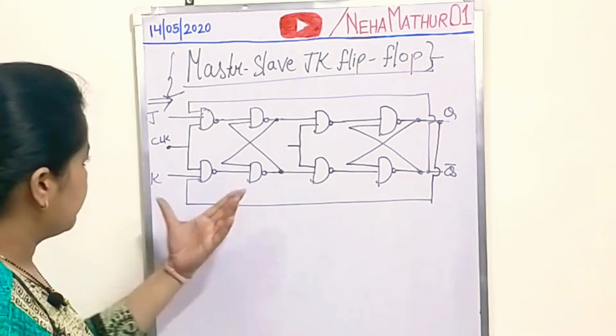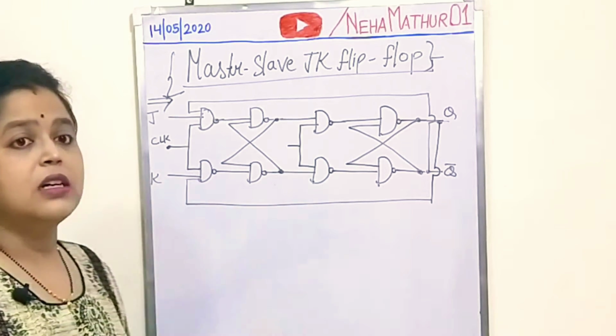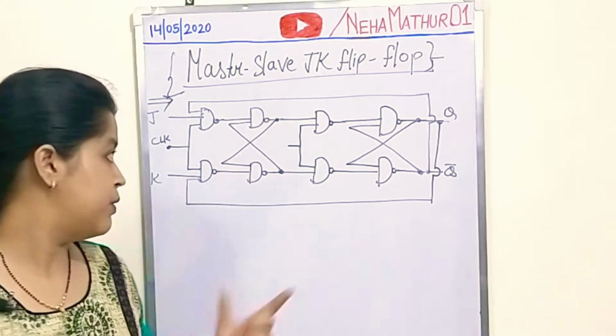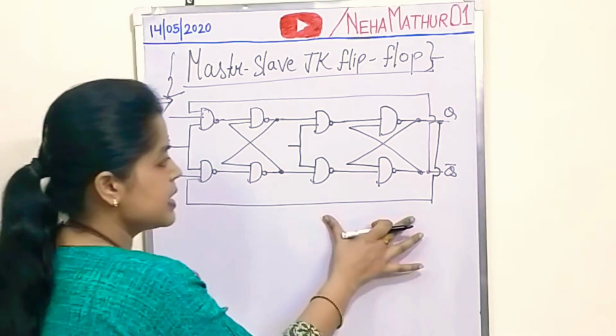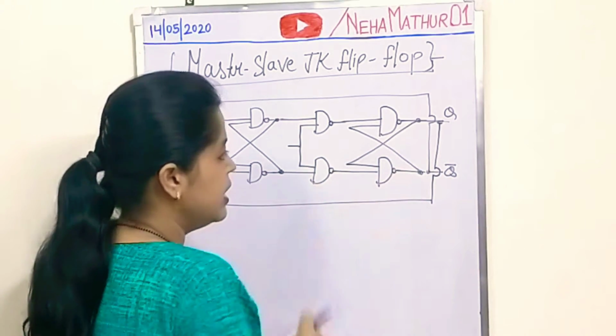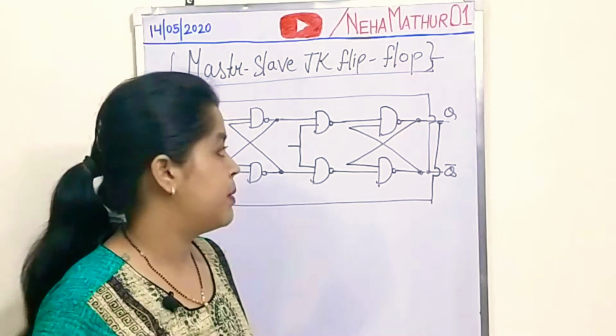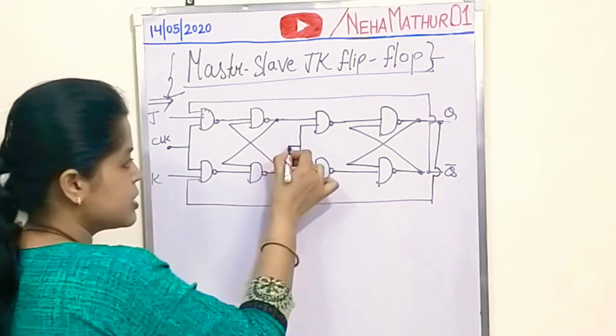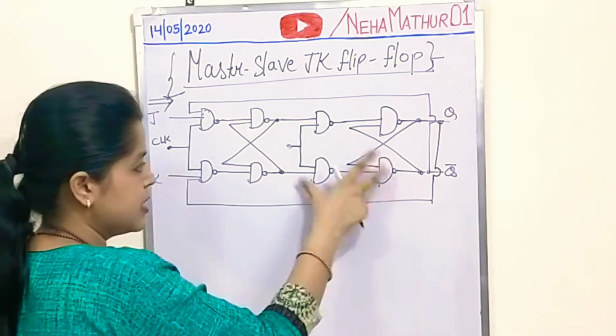Now the front circuit is behaving as a clocked JK flip-flop, while the lower section, the back circuit of the whole circuit, is behaving as an SR flip-flop. Now what about the clock for the back circuit?